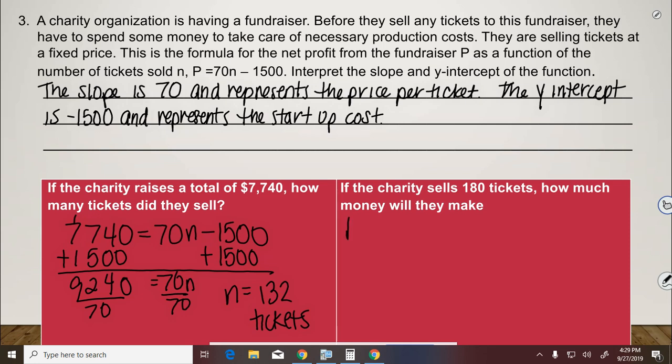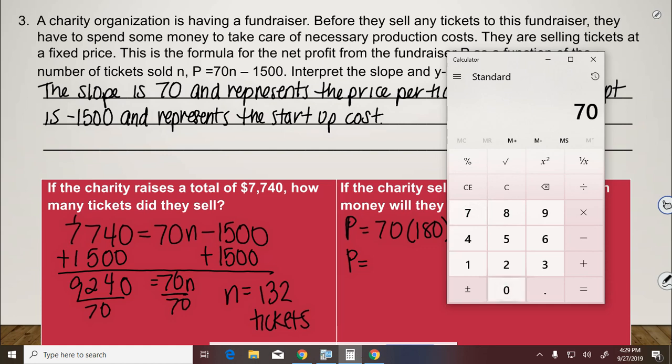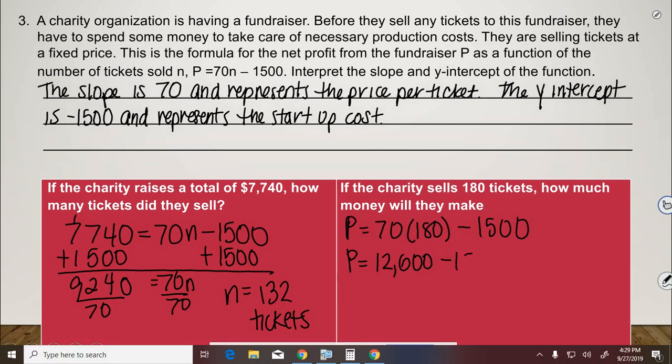So we're going to use P equals 70 times 180 minus the 1,500. 70 times 180 is 12,600 minus the 1,500 is 11,100.